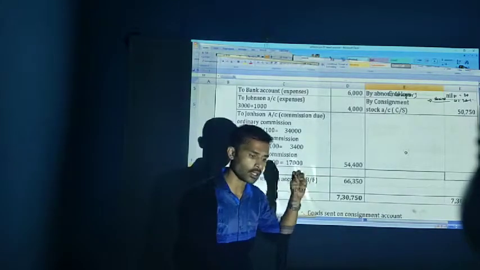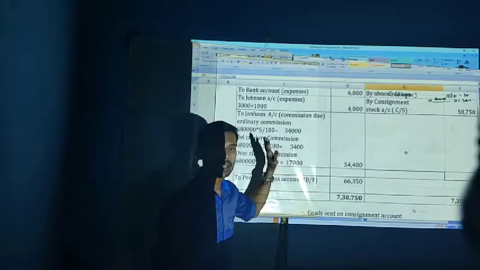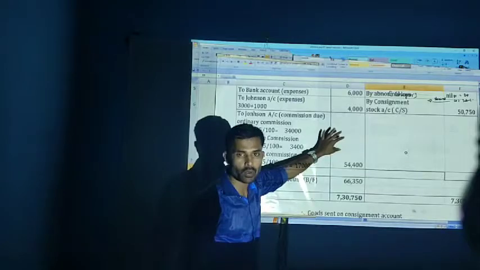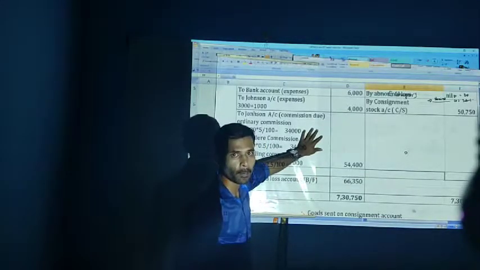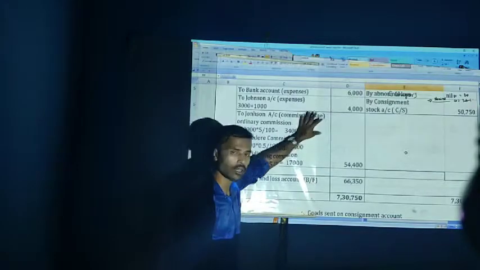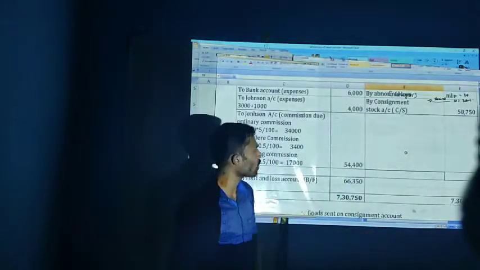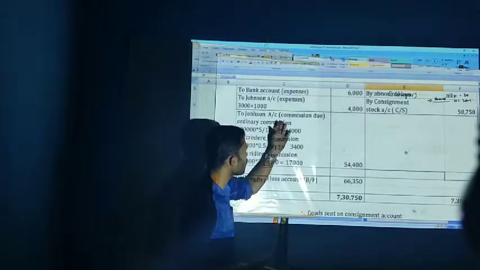Suppose if you don't have the time and you cannot calculate separately, you can show it in the account itself. But though I am preparing with Excel, I have enough space here to calculate the commission. I have calculated here. So if you have time and if you have space, then you can show it separately. That is a working note on how to calculate the commission.